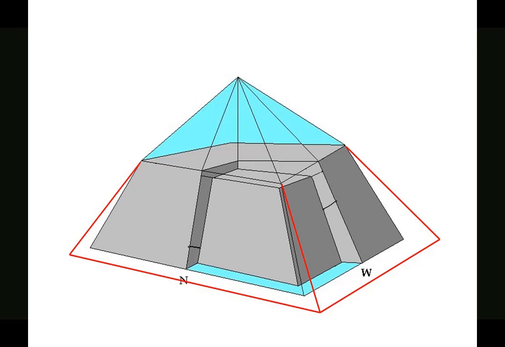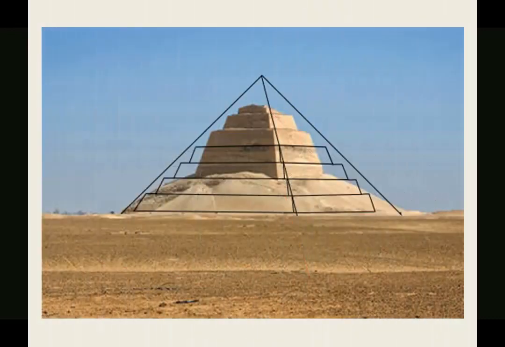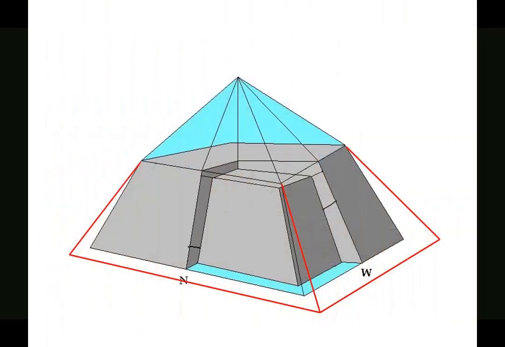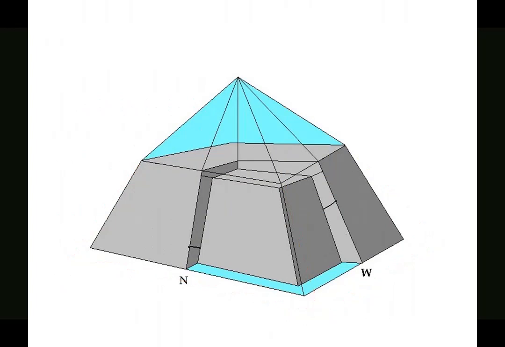You send the manpower back to Meydum to finish your father-in-law's pyramid as a true pyramid. And this, I think, was designed to be the first true pyramid. So that was the idea. Build it as a bent pyramid. From the get-go of this design, they knew they wanted to make it a bent pyramid.